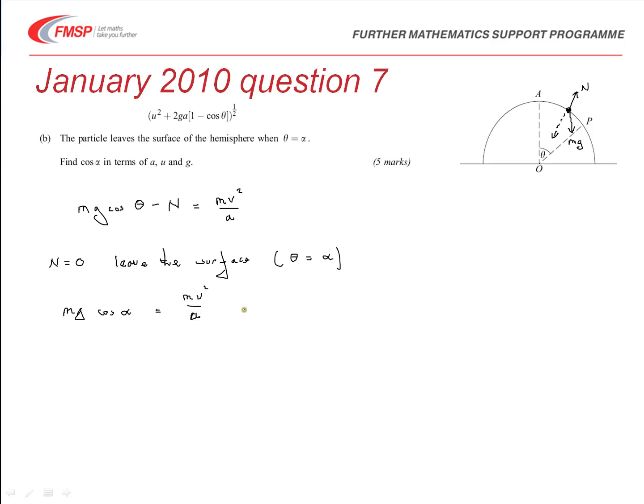But we also know that v squared was given by that expression in part A, so we can rewrite this as m times (u squared plus 2ga(1 minus cos alpha)), and that was to the power of a half, but we're now squaring it for v squared, and that's over a.